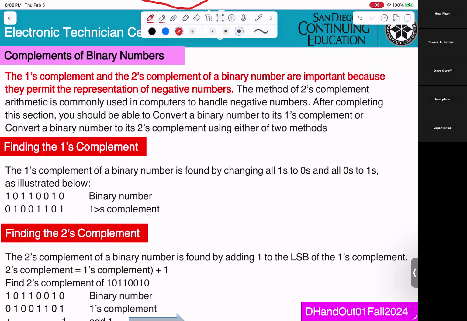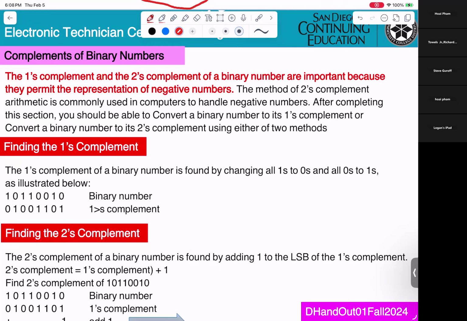The thing is, computers don't understand negative numbers. If you say plus 1, okay. However, minus 1, the computer cannot understand. So they have to use either first complement or second complement to deal with a negative number.